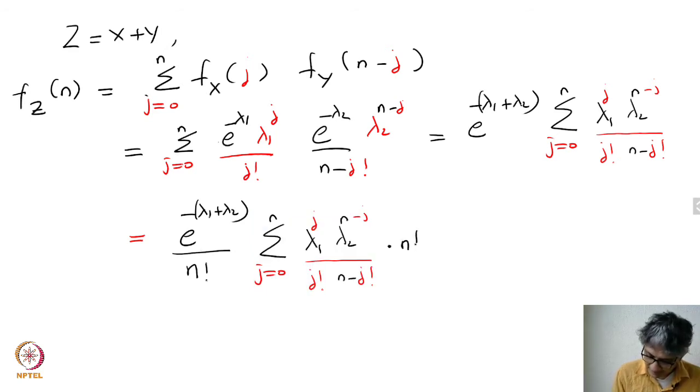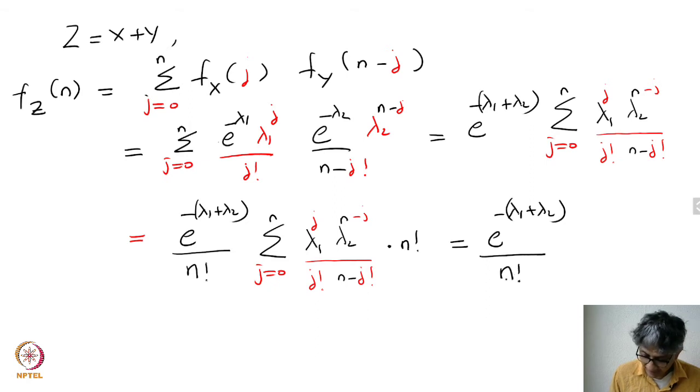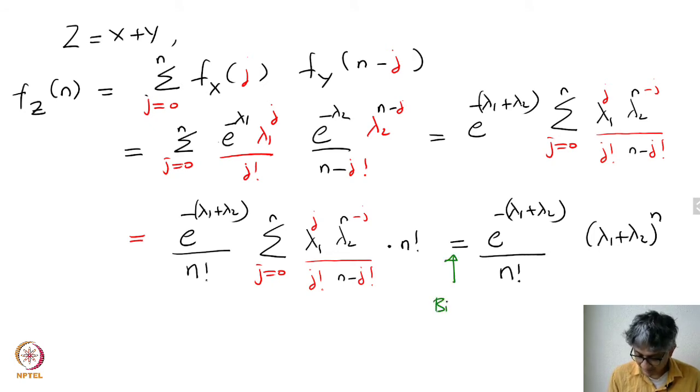Nothing much changes, but now the sum is just like the binomial expansion. So we have e to the minus lambda 1 plus lambda 2 outside, the whole thing divided by n factorial, and the sum is just lambda 1 plus lambda 2 to the power n. That's just the binomial expansion. In this step, that's all I've used.